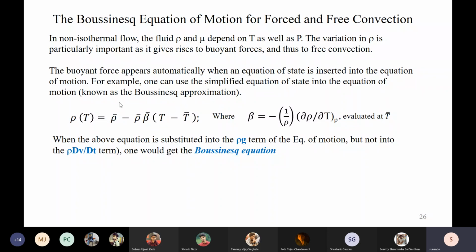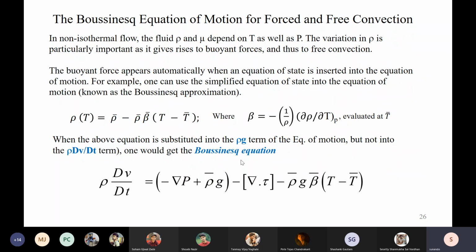And when you do that by making some sort of an approximation, as you see here for rho, that's known as the Boussinesq equation. But the point to note here is that the rho is not going to be inserted into the left-hand side, which has experimentally traditionally been shown to be less important as compared to the rho g term on the right-hand side. And I will clarify it a bit more in the next equation itself.